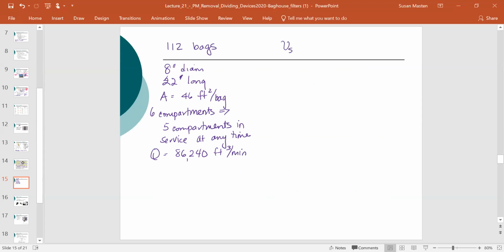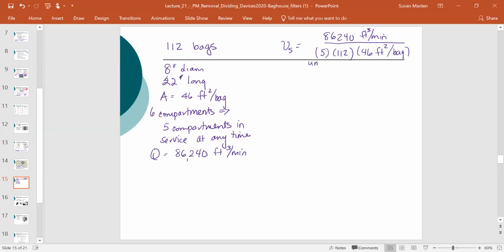We need to calculate that superficial velocity, or the air to cloth ratio, also referred to as a face velocity, and that is equal to 86,240 cubic feet per minute divided by 5 times 112 bags times 46 feet squared per bag.